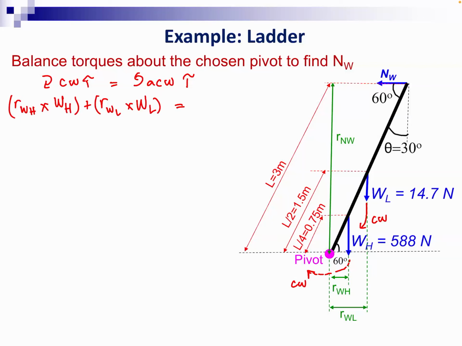Anti-clockwise torque, if you look at the normal force from the wall, the tendency of this normal force NW is to rotate the ladder about the pivot in the anti-clockwise direction. And so therefore you have the moment arm of that normal force times the force NW.